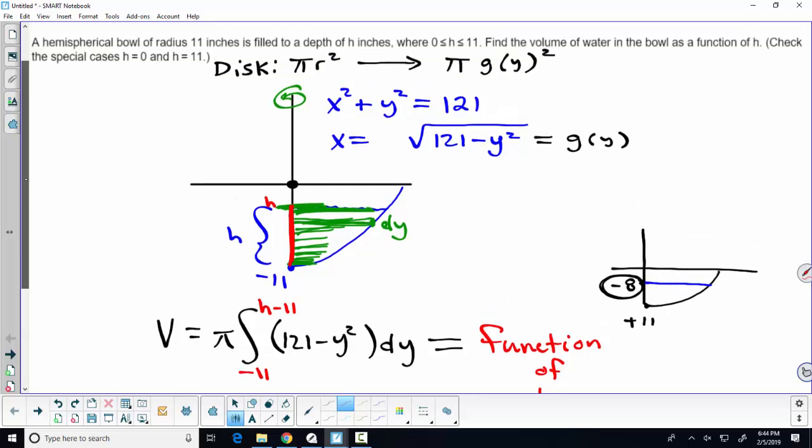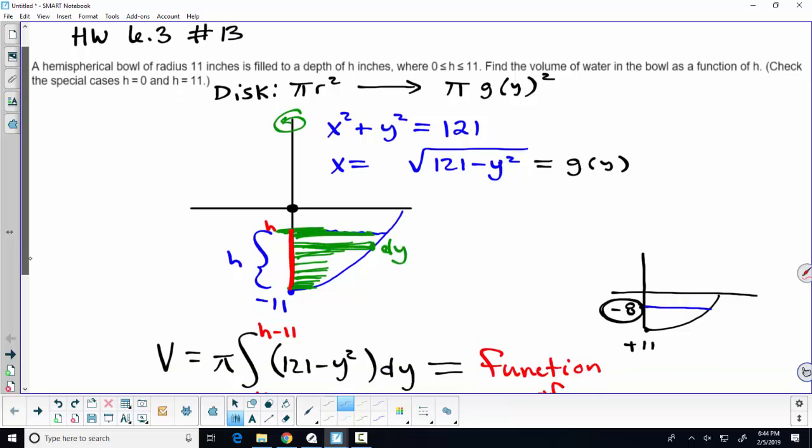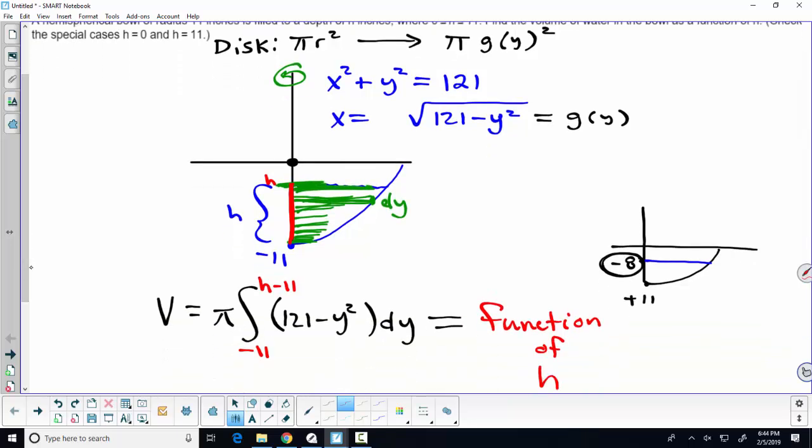And then that function of h is what we're after. We're after the volume of the water as a function of h. So given any h, if I fill it up 1 unit or 5 units or 6.37 units, what's the volume of that water? That's what this function of h will calculate.